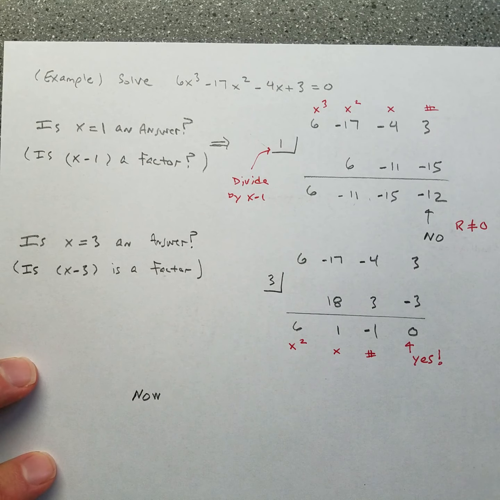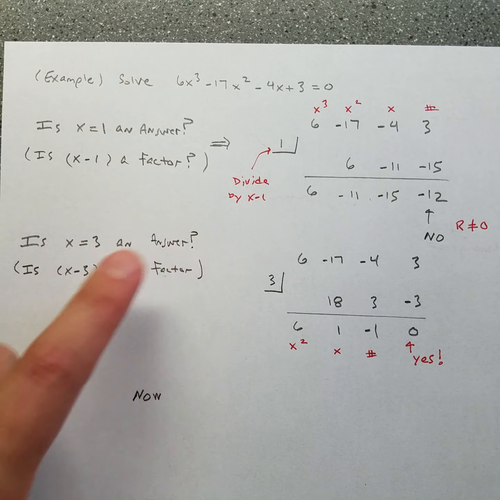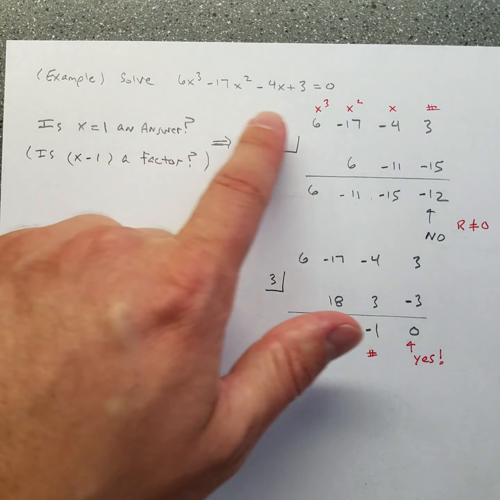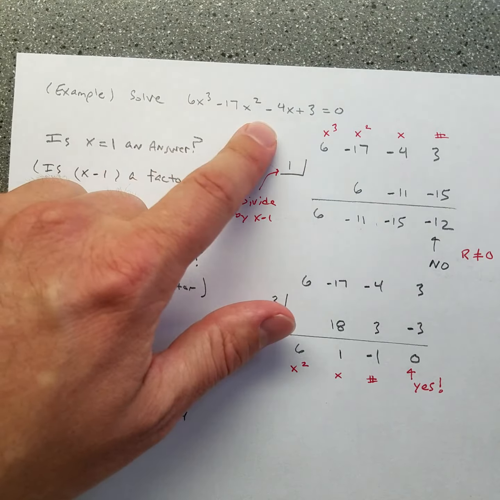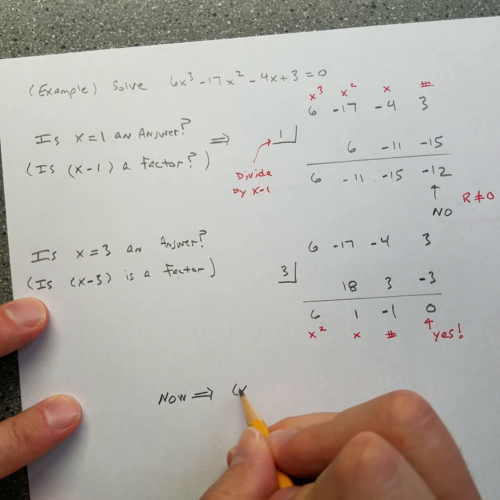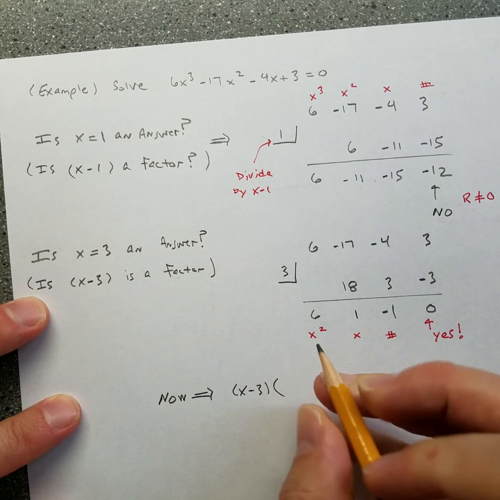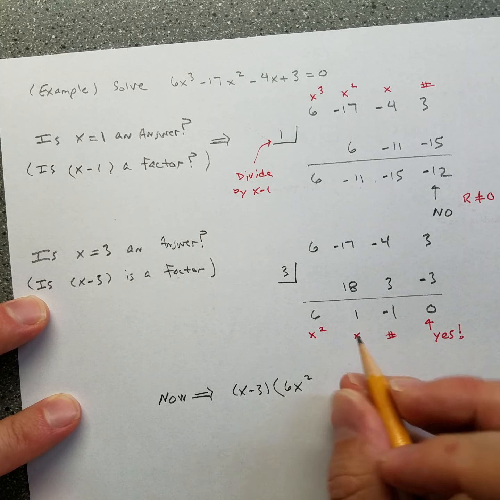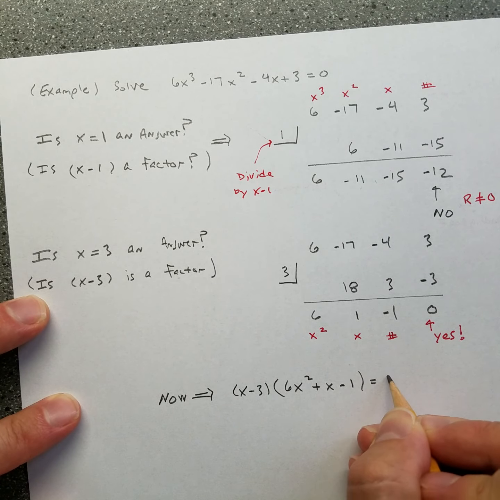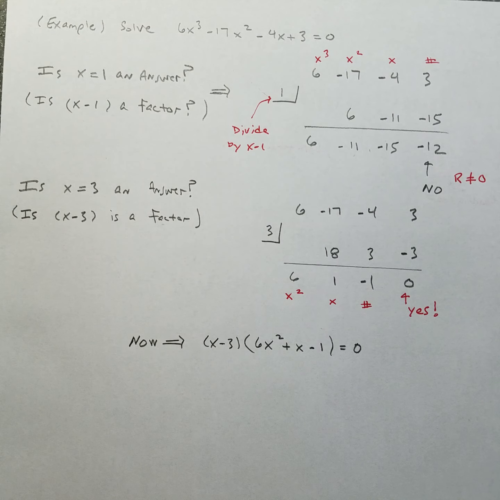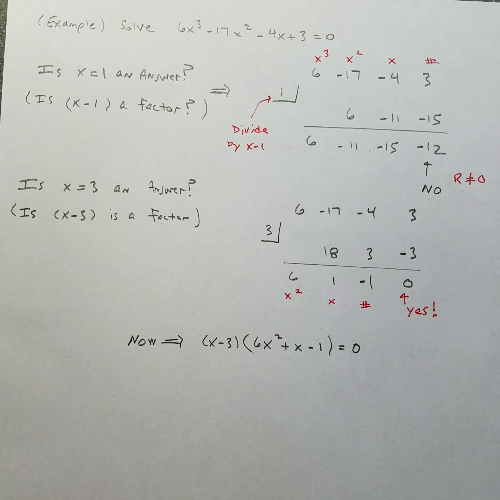The fact that I figured out that 3 is an answer and that x minus 3 is a factor. Now I've reduced that problem I'm trying to solve to this. It says x minus 3 times 6x squared plus x minus 1 is 0. Okay?